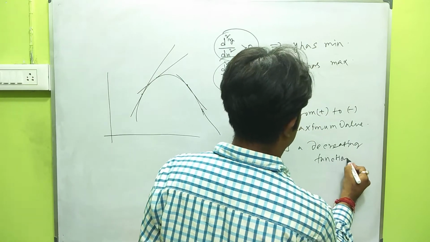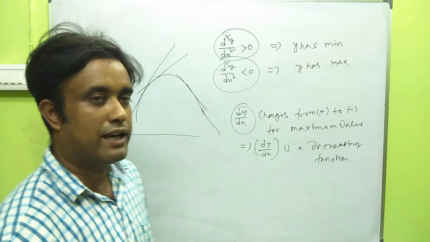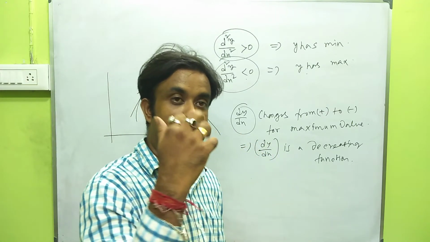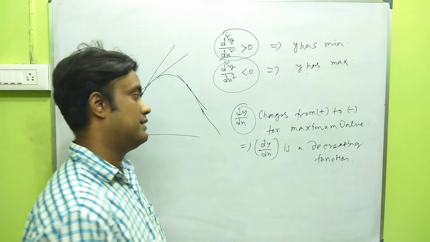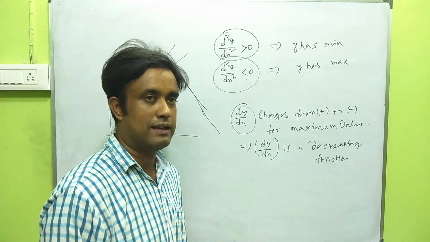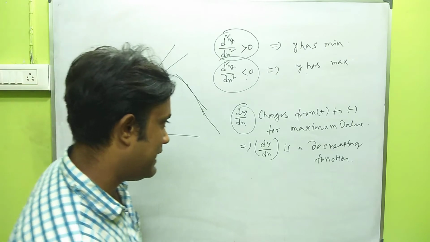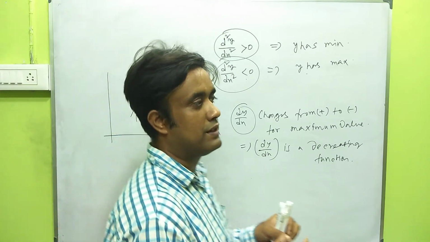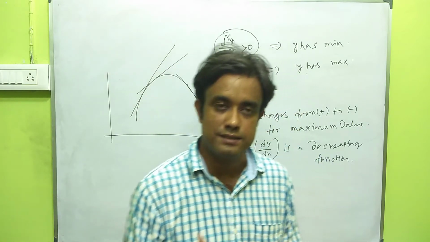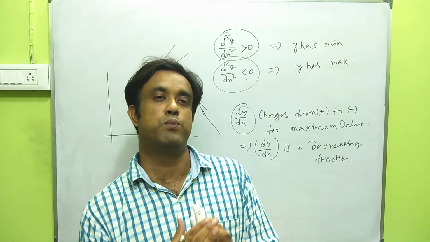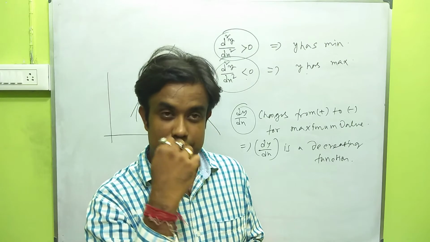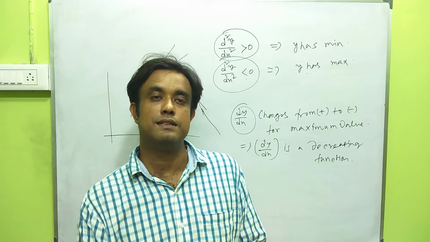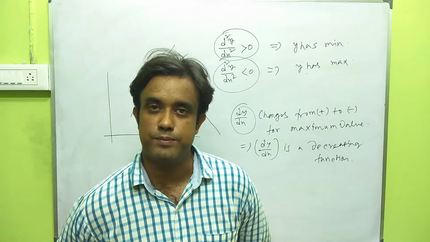So during the concept of increasing function and decreasing function, in this class I explained that if a function is an increasing function, then the slope of this function, that is dy dx, suppose y is a function, if y is an increasing function then dy dx is greater than 0.